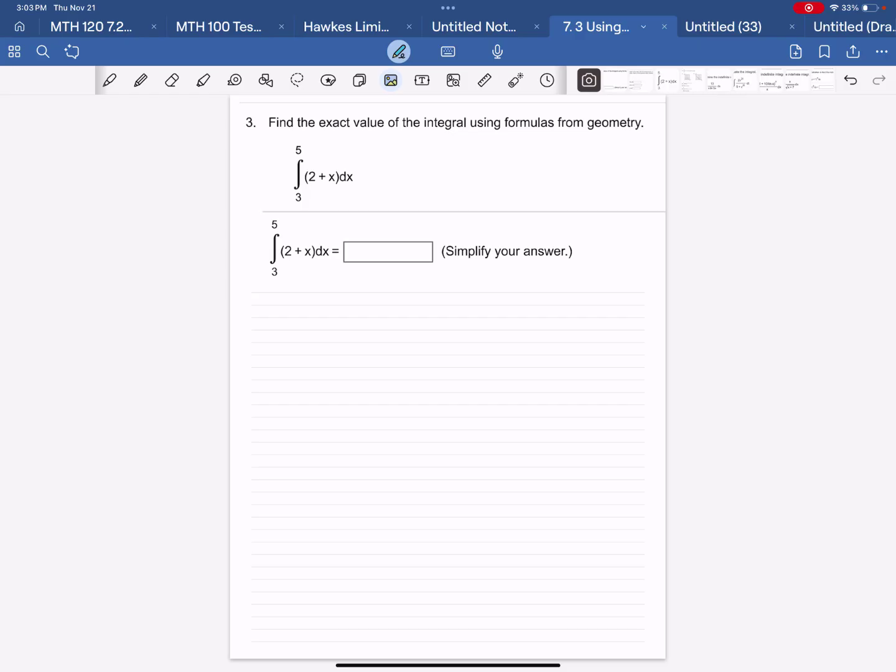So in number 3, they ask us to find the exact value of the integral using formulas from geometry. And this time they actually give us the function and not the picture. So what they're saying is that f of x is 2 plus x. So we're going to make us a little chart.